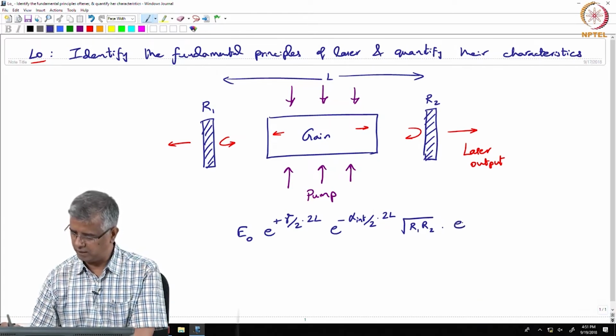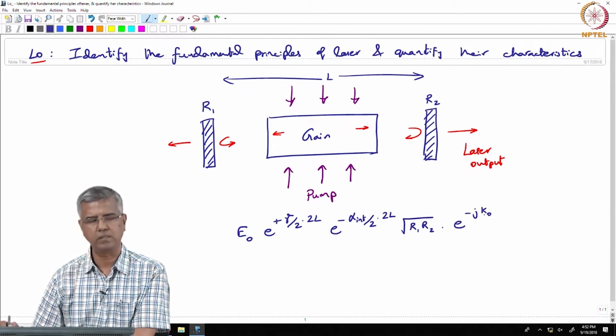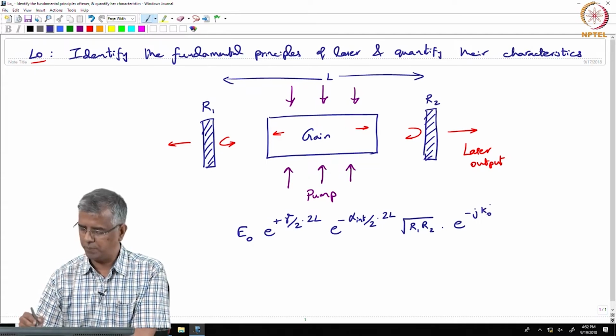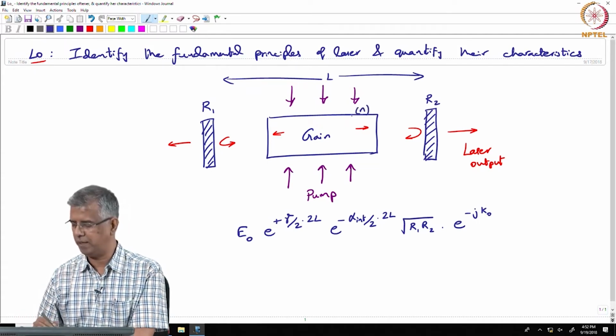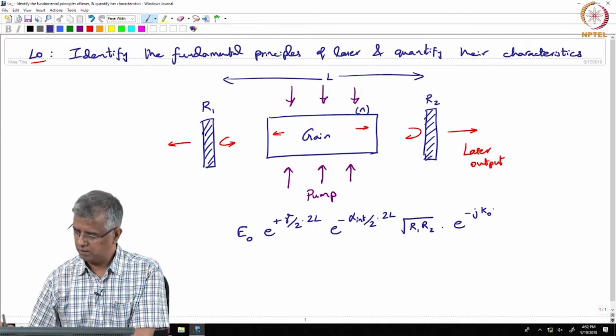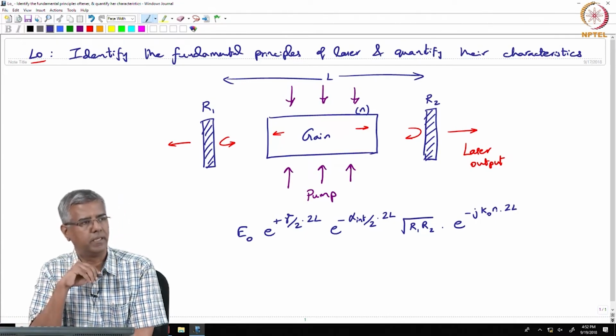That phase is accumulated as e power minus j k naught, where k naught is the wave number, multiplied by the refractive index of this medium, which we call n. So, n times 2 times L is the phase that you accumulated within a round trip.